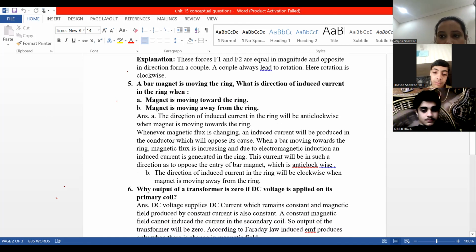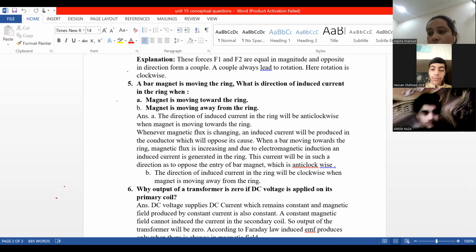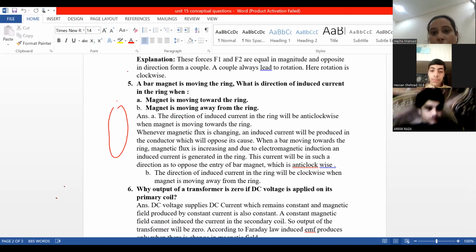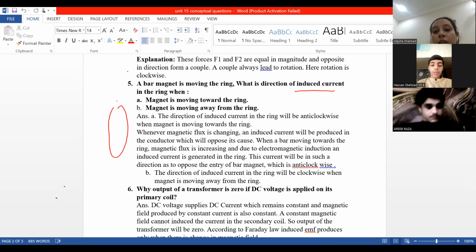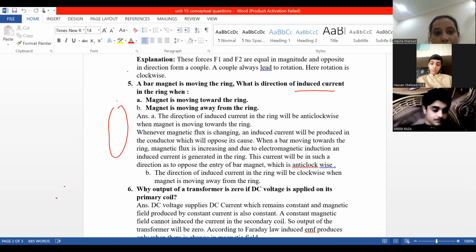This is question number 5. Question number 5 is: a bar magnet is moving in the ring. So this is the ring and we are going to move this bar magnet in this ring. What is the direction of induced current in the ring? We have to find out the direction of induced current. Induced current is basically the current that is produced due to the magnetic lines, right?